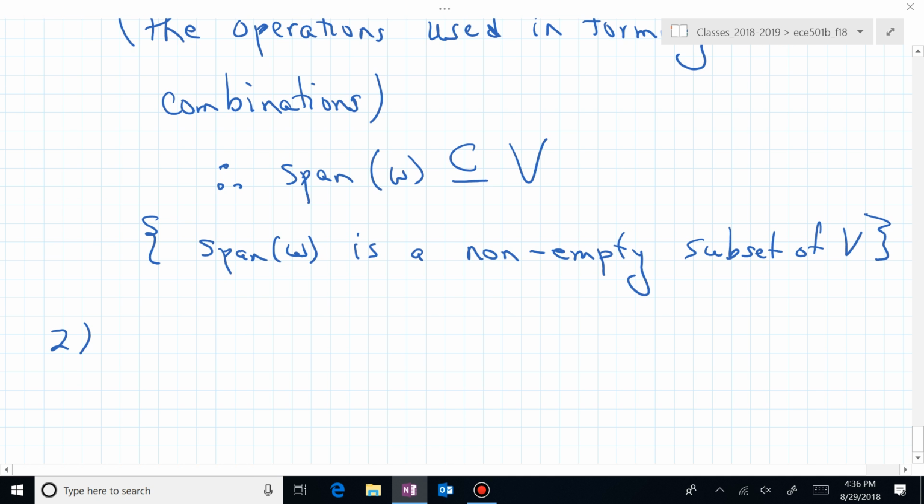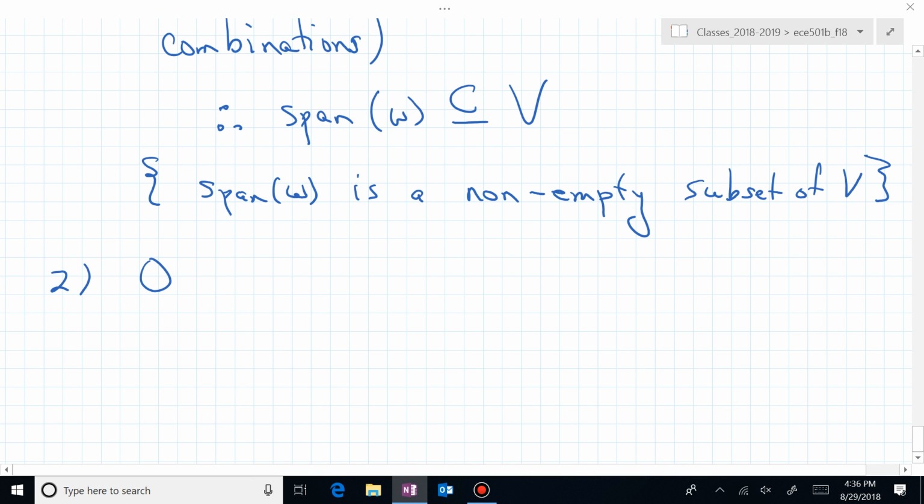We now have a subset. Let's see about the other three properties. First, can we take those vectors and create the zero vector by some choice of scalar multiples? That's pretty easy, isn't it? Just make all your A's 0. So now we can get the 0 element by saying, oh, we have 0 times V1 plus 0 times V2.